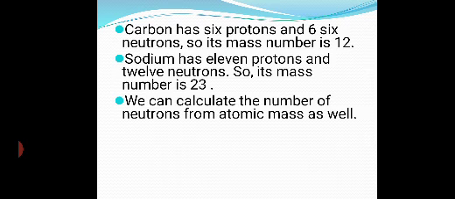Another example, sodium has 11 protons and 12 neutrons. Again, add 11 plus 12. What are we getting? We are getting 23. And 23 is the mass number of sodium. We can calculate the number of neutrons from atomic mass as well.